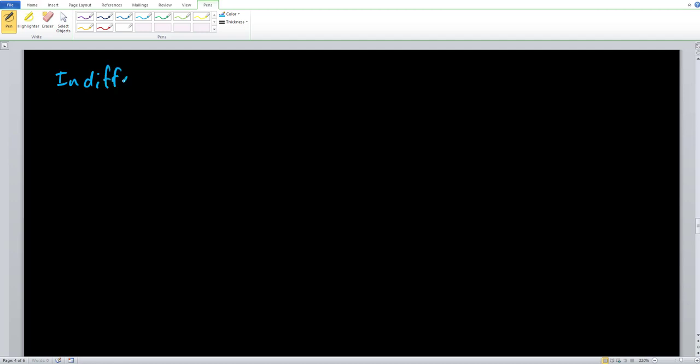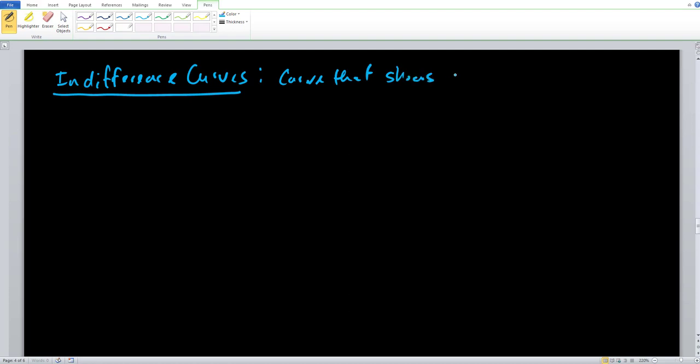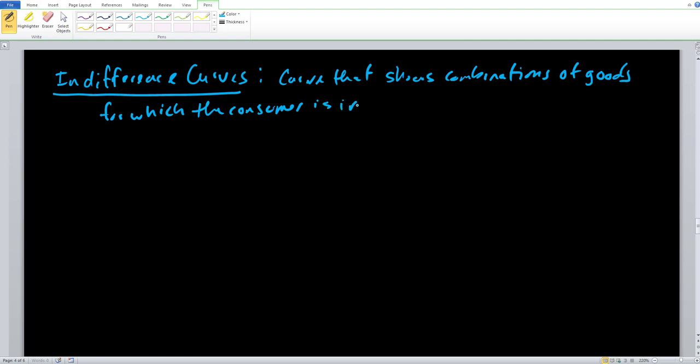The indifference curve basically tells us that everywhere along this line, we're going to get a combination of both of these goods which gives us the same amount of utility. So a curve that shows combinations of goods for which the consumer is indifferent.